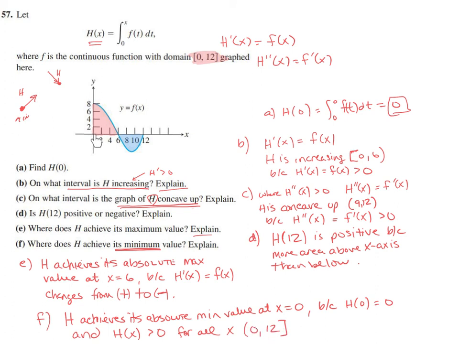Once you go past 0, you're getting a positive area, and because the area below is never going to achieve more than what was above, h of x will be greater than 0 all the way through. So any value is going to be bigger than h of 0, which is 0. The absolute min will be at x equals 0.